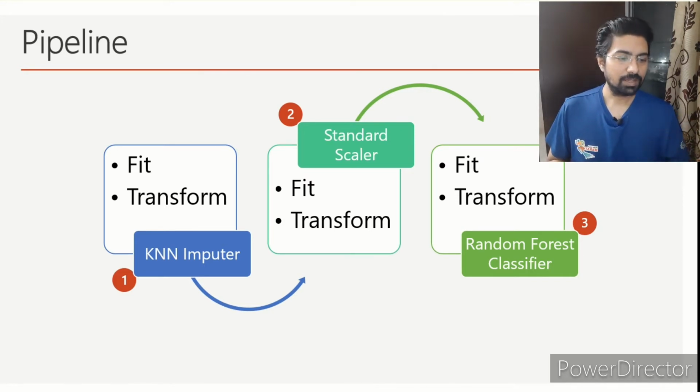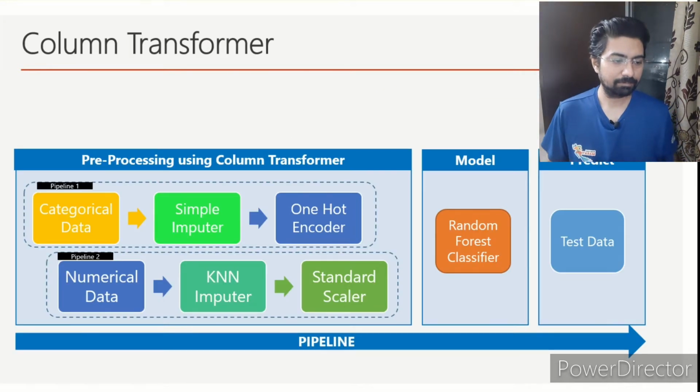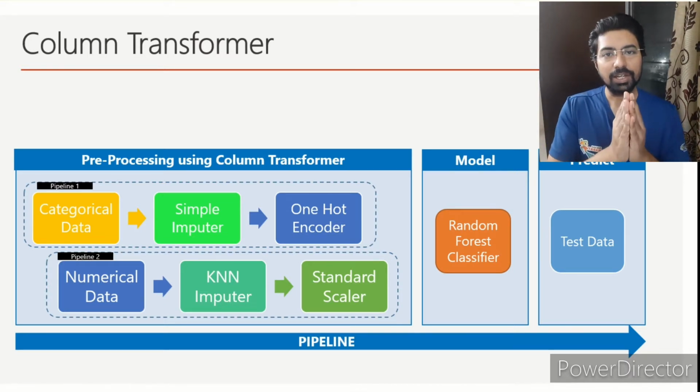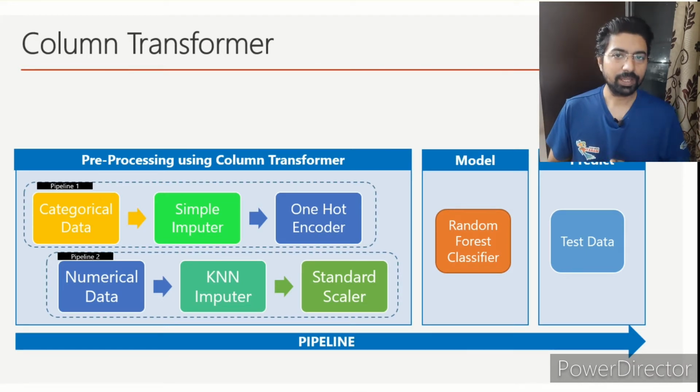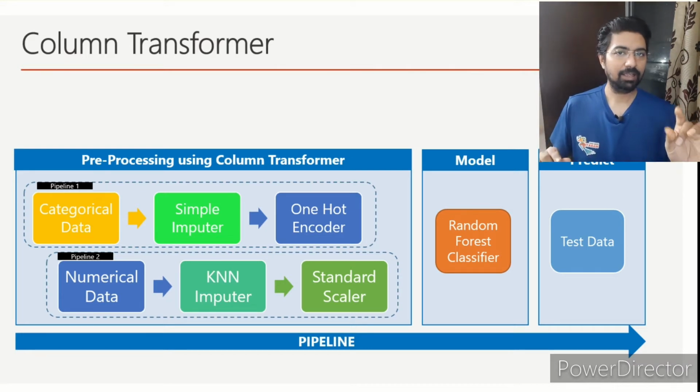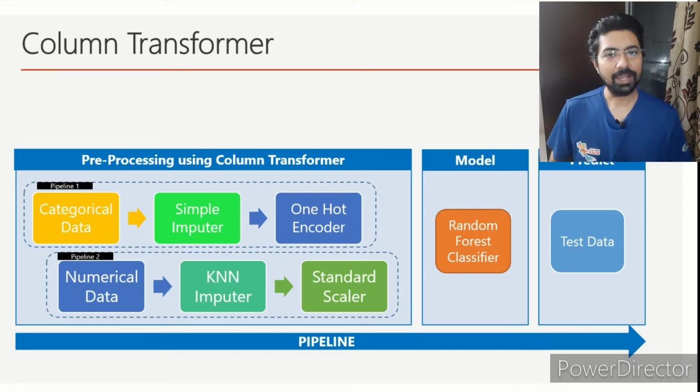So in the column transformer, you just need to have a categorical data set and a numerical data set. In both cases, you need to use a separate pipeline if you want to apply multiple transformations over the data set.